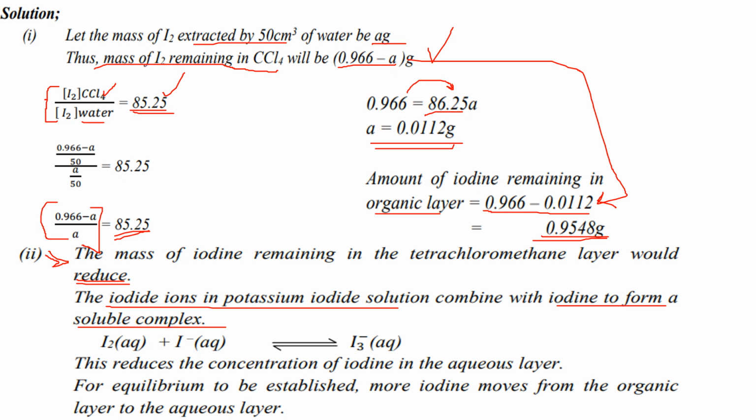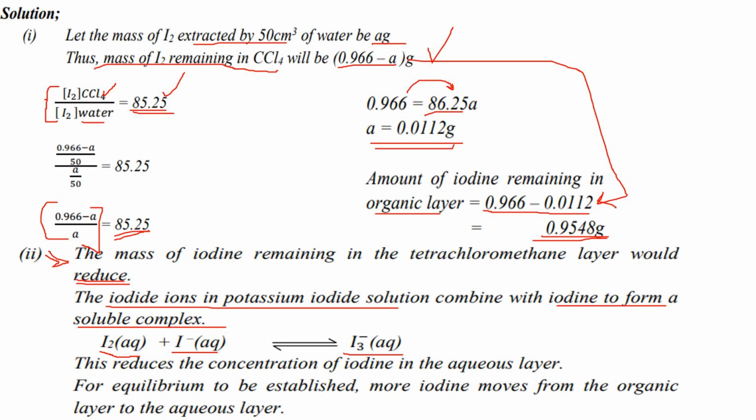So the iodide ions from potassium iodide usually combine with iodine to form a soluble complex. So that's why we are giving this equation: iodine in aqueous combining with the iodide ions from potassium iodide is a reversible reaction. That's why we are going to look at it in chemical equilibria. They usually form triiodide ions, which is potassium triiodide, which is always a complex that is soluble.